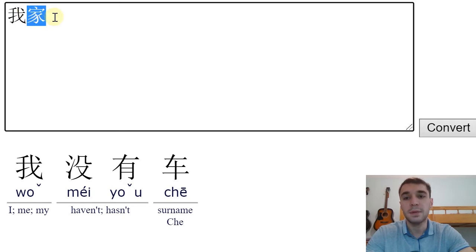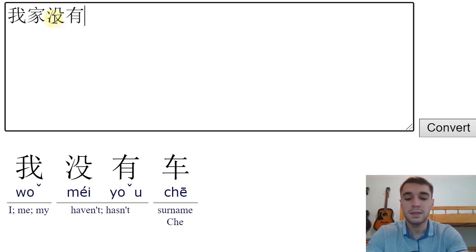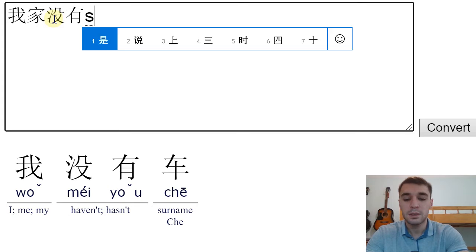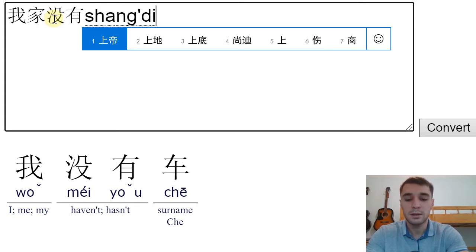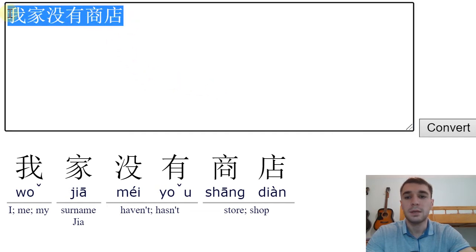All my family members are close to me, so don't need to write the word with family members and with family. So 我家没有 My family doesn't have 商店 My family doesn't have a restaurant. 我家没有商店 Now say for me.